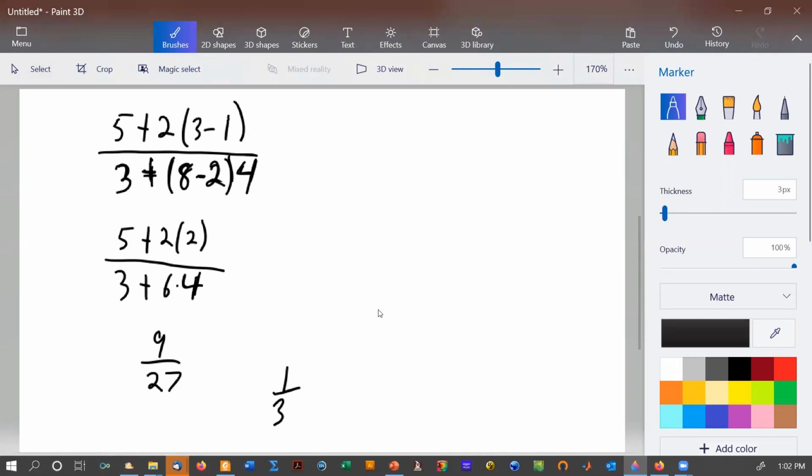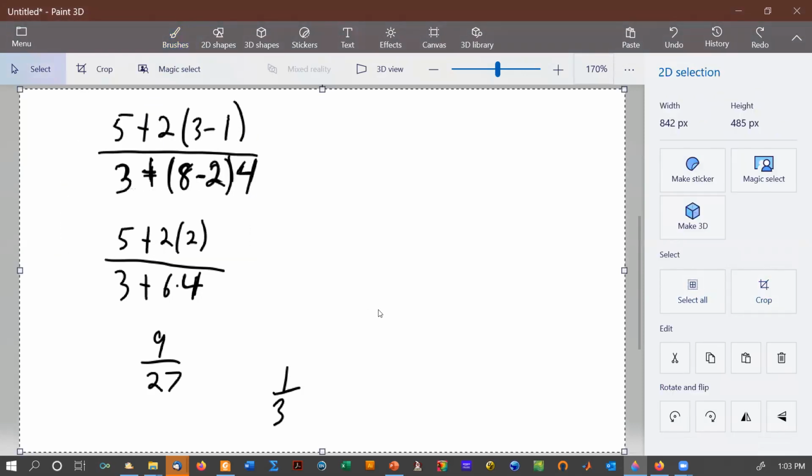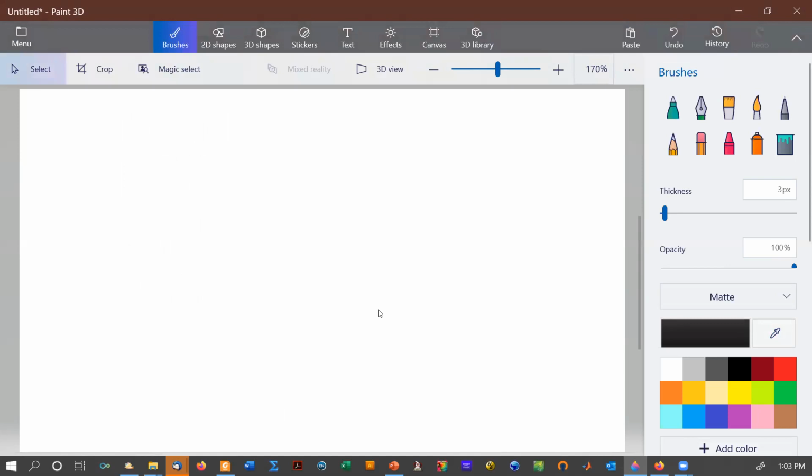Okay. Now, if you have more complicated expressions, let's say some examples with exponents, where you had 5 to the (2 plus 3 minus 1). Put parentheses around there.